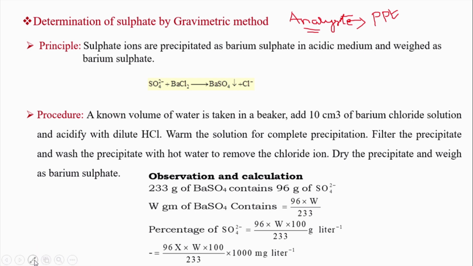The permissible limit of sulfate ion in any form, like sodium sulfate, calcium sulfate, etc., should be less than 250 ppm, either for industrial application or for drinking, that is potable water. Otherwise it is considered toxic.